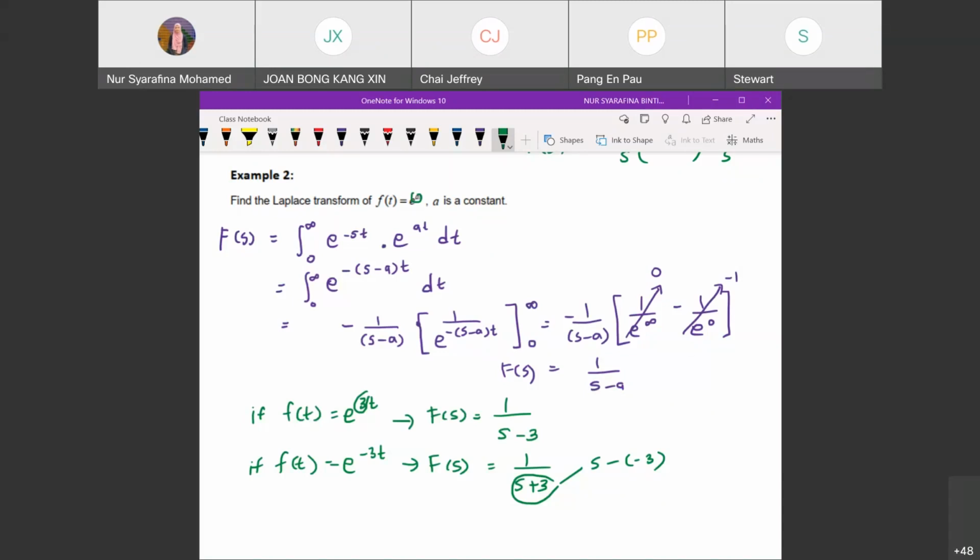We have negative at the exponent. Which exponent? Oh, sorry, this one. Okay, thank you. Okay, there is no negative here.